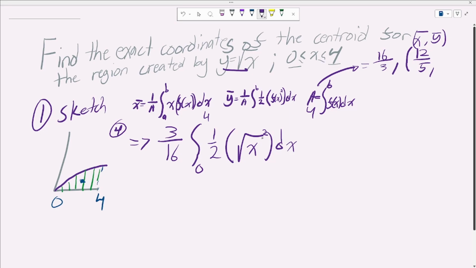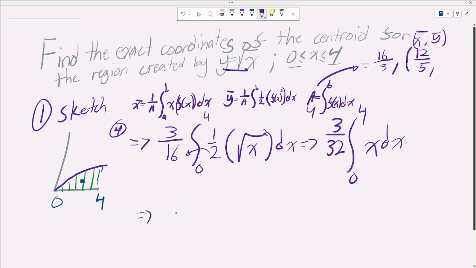The square root of x and squaring are inverse operations of each other, so that will just cancel out and become x. And then 2 times 16 is 32, so we'll have 3 over 32 on the outside, because we're taking that 1/2 constant to the outside of our integral, going from 0 to 4 of x dx.